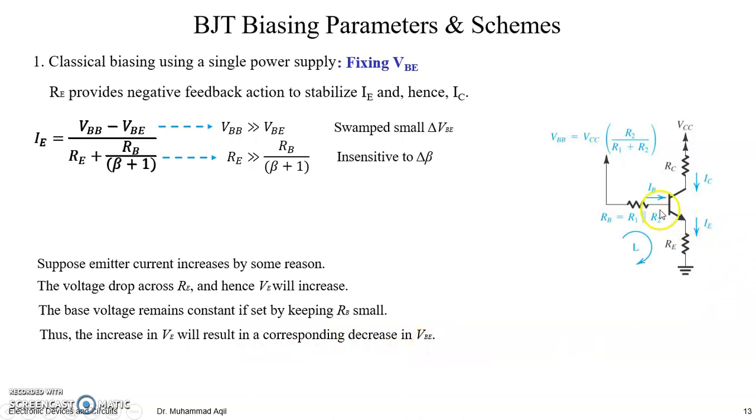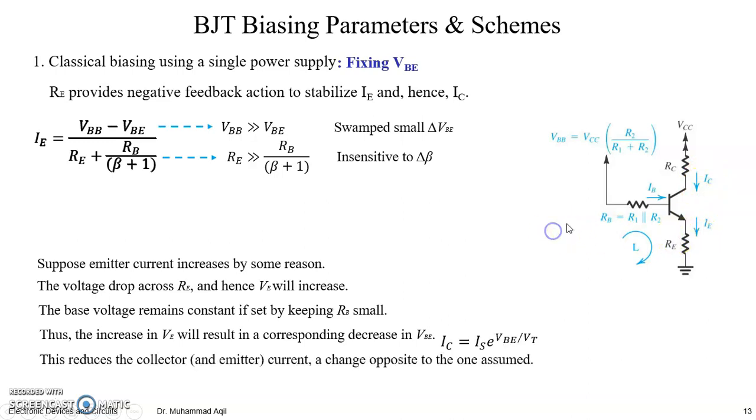If VBE decreases, then we know that VBE and IC have an exponential relation. So if VBE decreases, it means IC decreases, and IC is collected or drained through IE, so this reduces the emitter current, right?